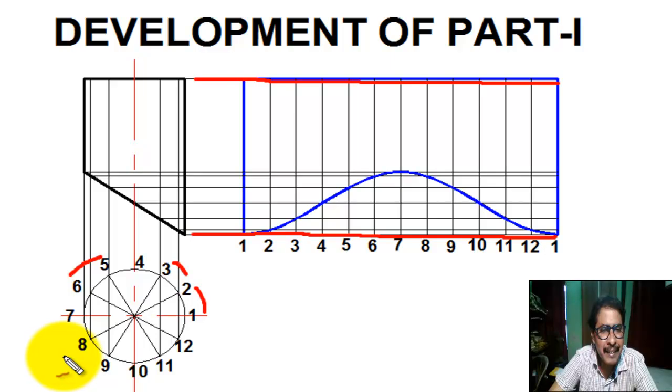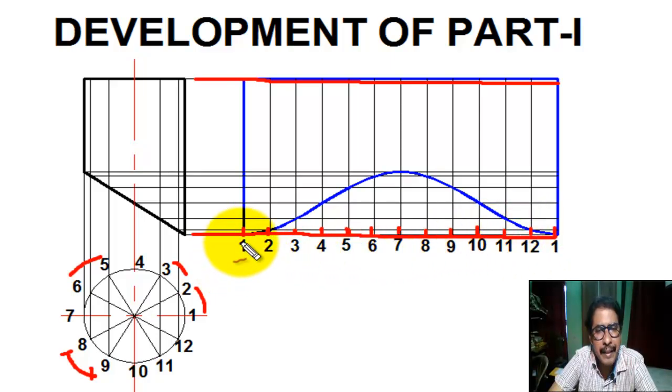With pencil compass, we take any part and from a suitable point we cut this point, this point, this point. We take 12 parts and mark them.